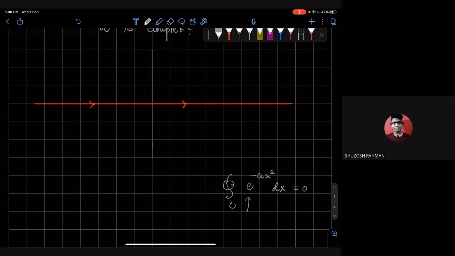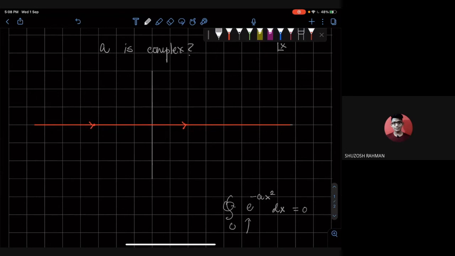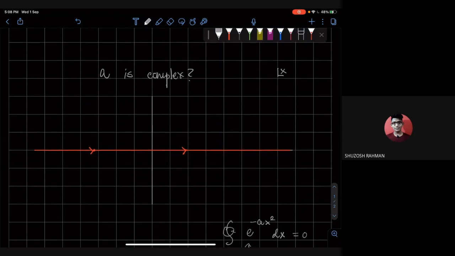Yeah. So then we can take two contours. One contour goes all the way to infinity.